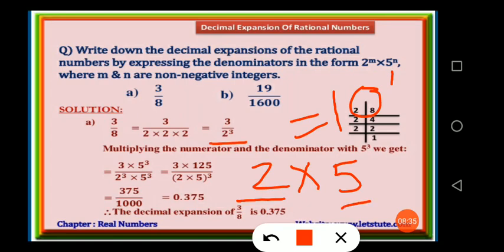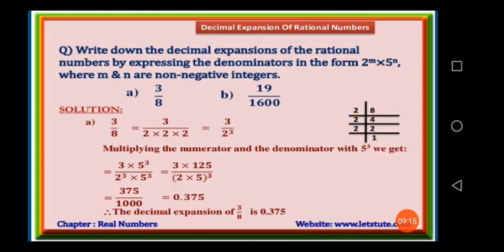But here we have 2 with power 3, which means we have to convert it to 10 to the power 3, and for that we have to multiply by 5 to the power 3, so that every 2 is paired with one 5 and it becomes 10. Then the denominator is of the form 10, 100, 1000 like that, and we can simply express it in the form of a decimal.